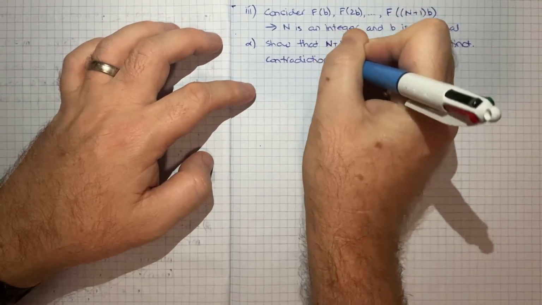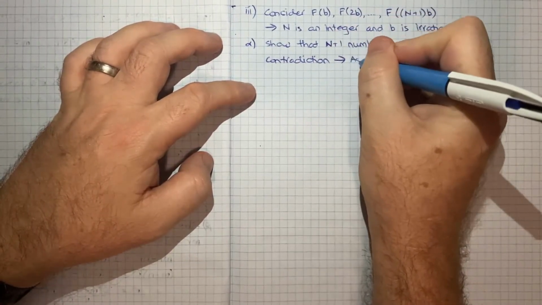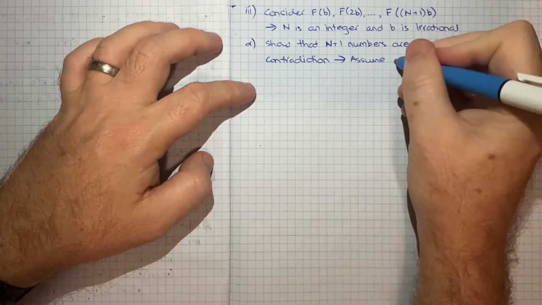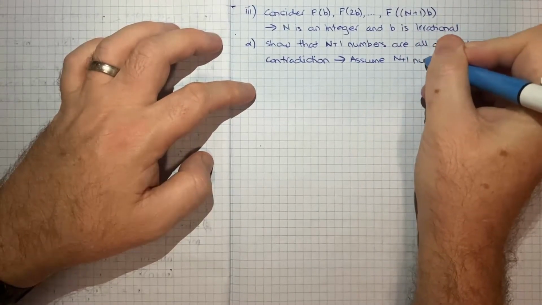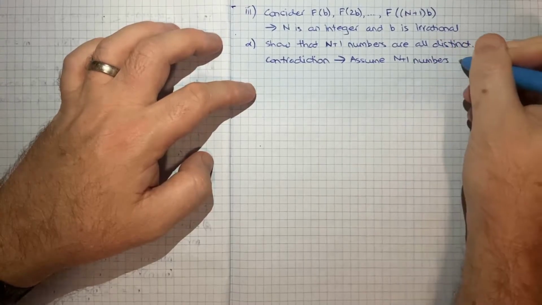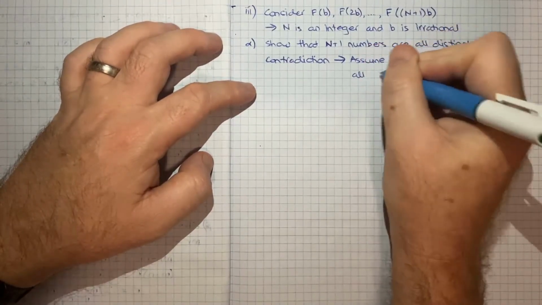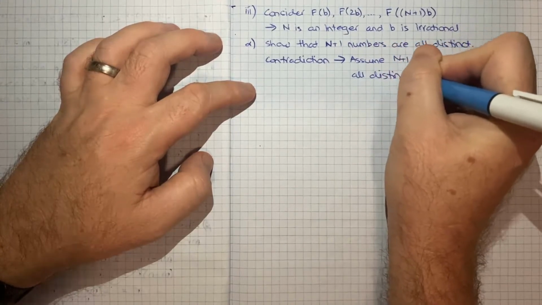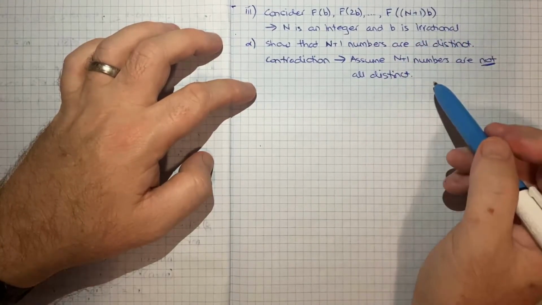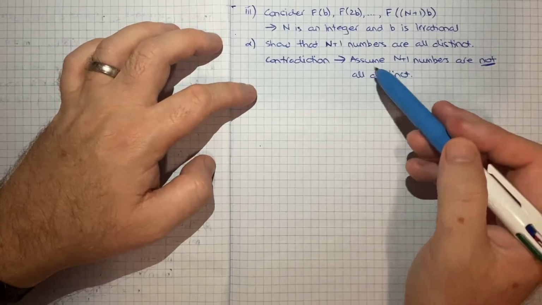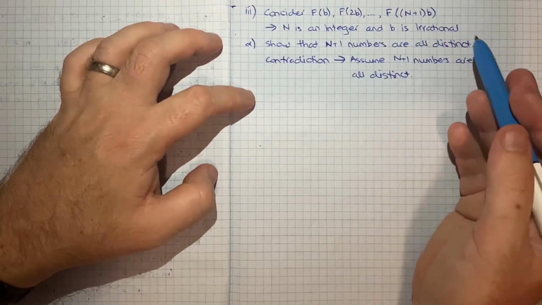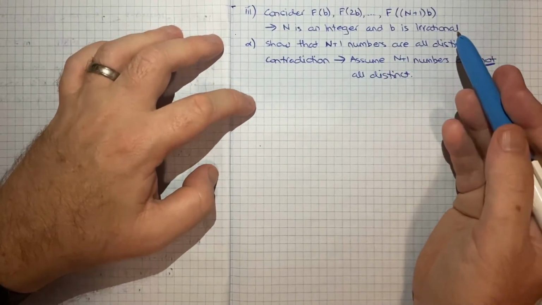In doing that, let's assume that the N+1 numbers are not all distinct. So what that means is that some of them may be distinct, but there are at least 2 that aren't distinct, 2 or more that are not distinct.